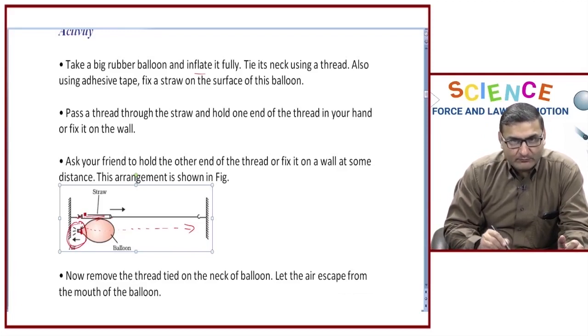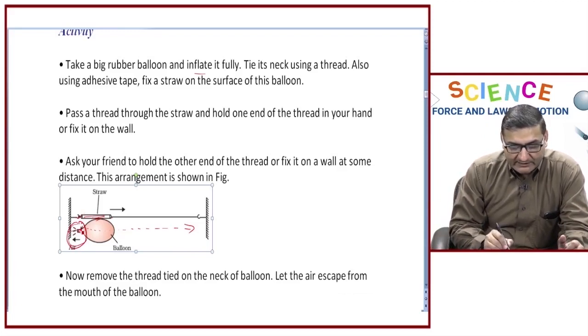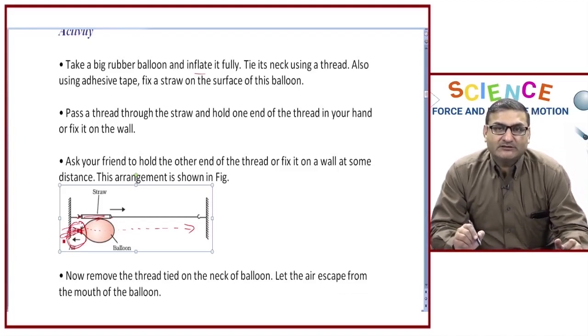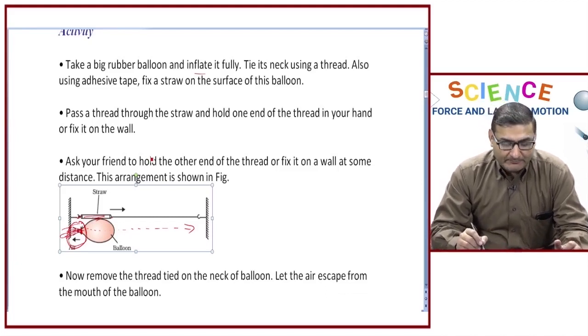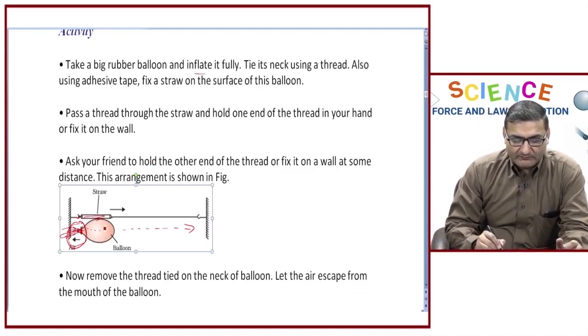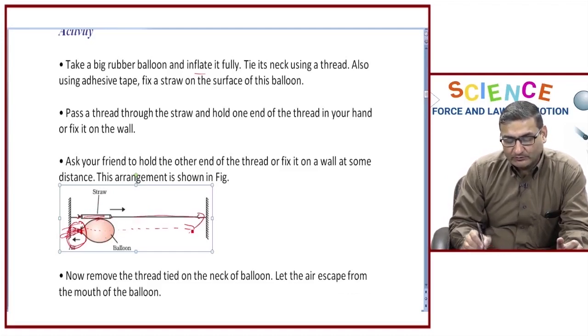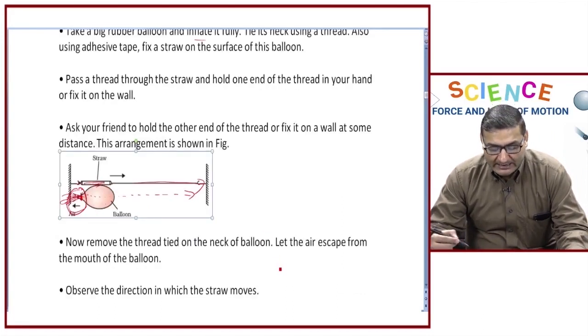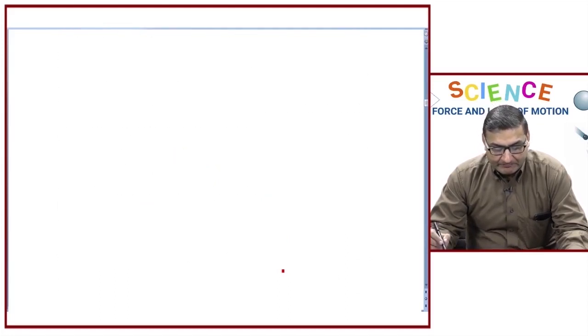So when we remove the thread, the air goes with great force in the forward direction, and it will exert an equal and opposite force in the backward direction, because of which this balloon, which was tied with this straw, will go to this end. This also shows that action and reaction are equal and opposite.